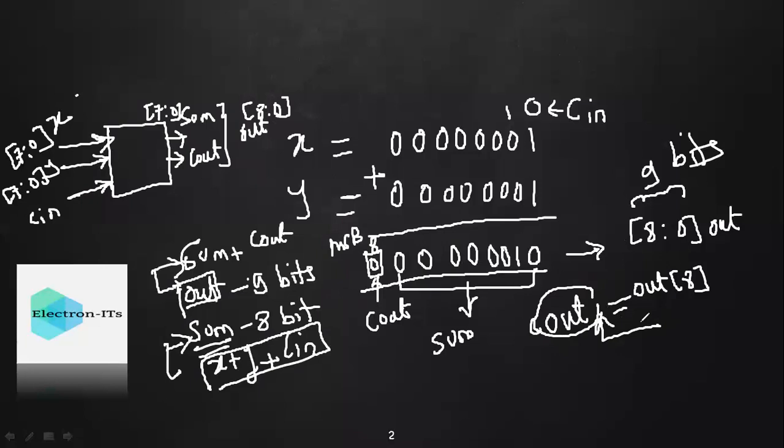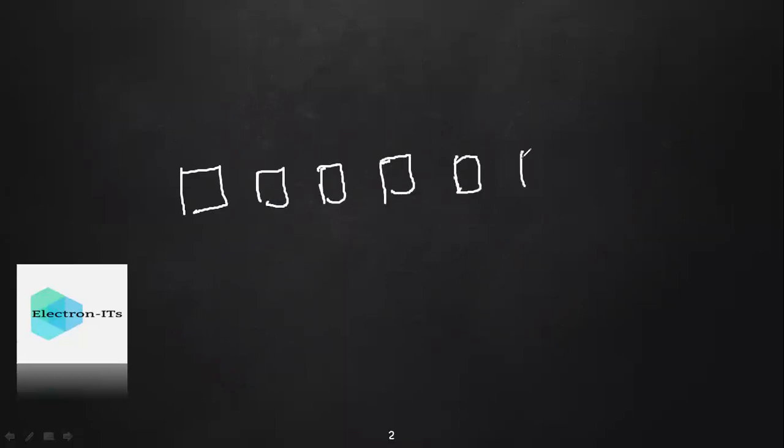So this is what we want to do in this circuit, which is an 8-bit adder circuit. Basically, if you look at the structure, it will look like this. There will be 8 1-bit adder circuits cascaded like this, and 1 bit at a time we are adding.